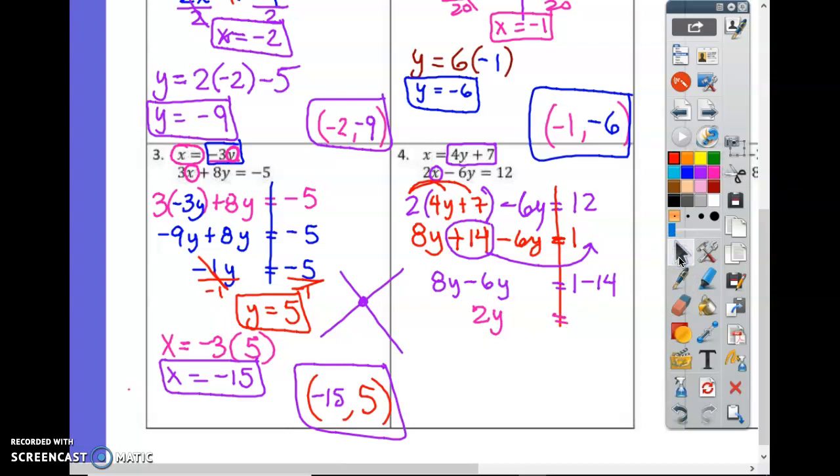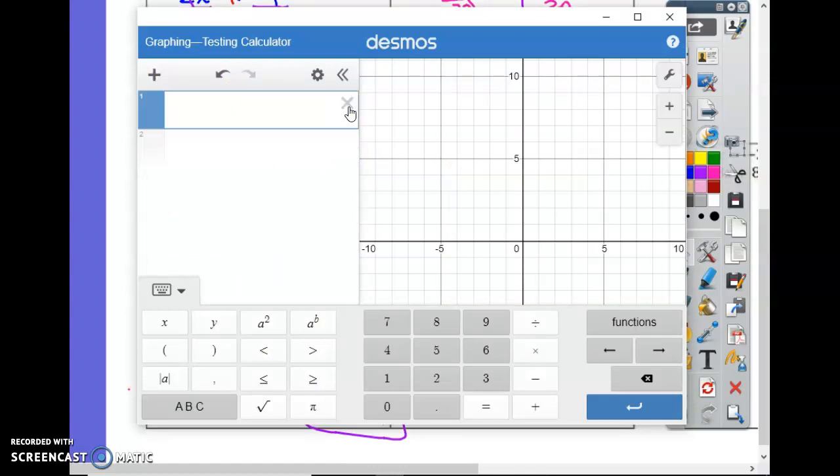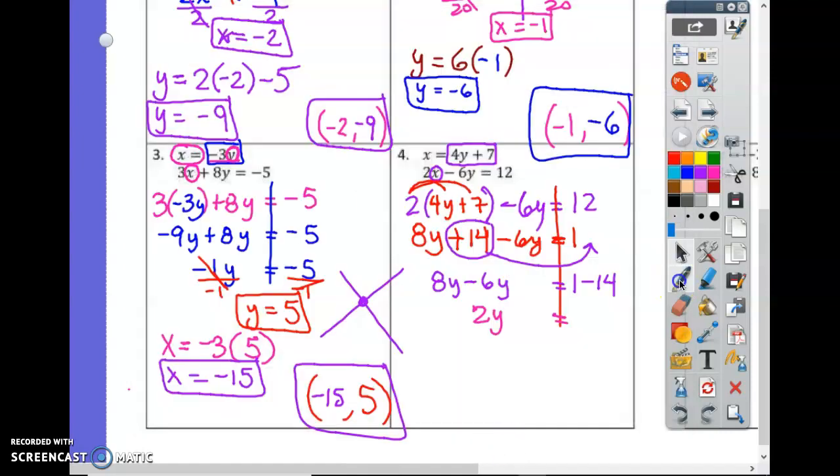You can put that in decimals. 1 minus 14 is negative 13. So right here I have negative 13. So divide both sides by 2. Y equals negative 13 divided by 2.